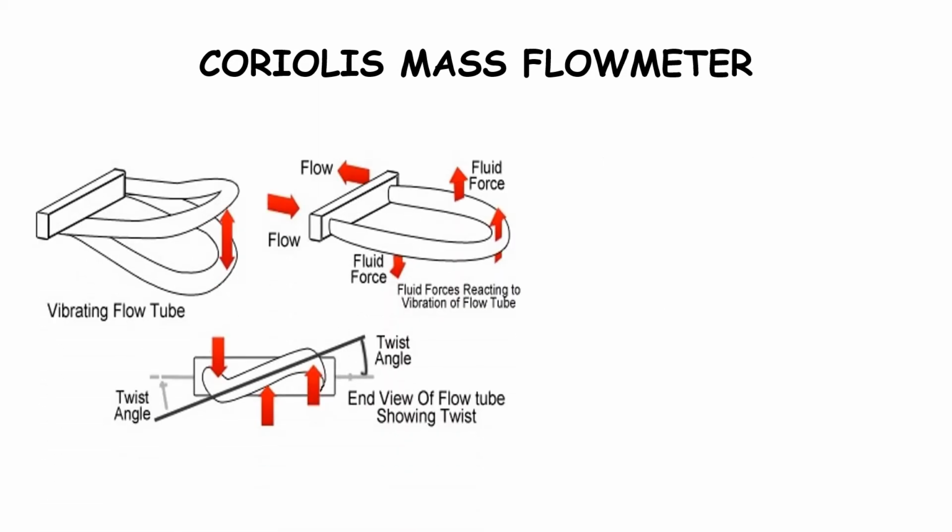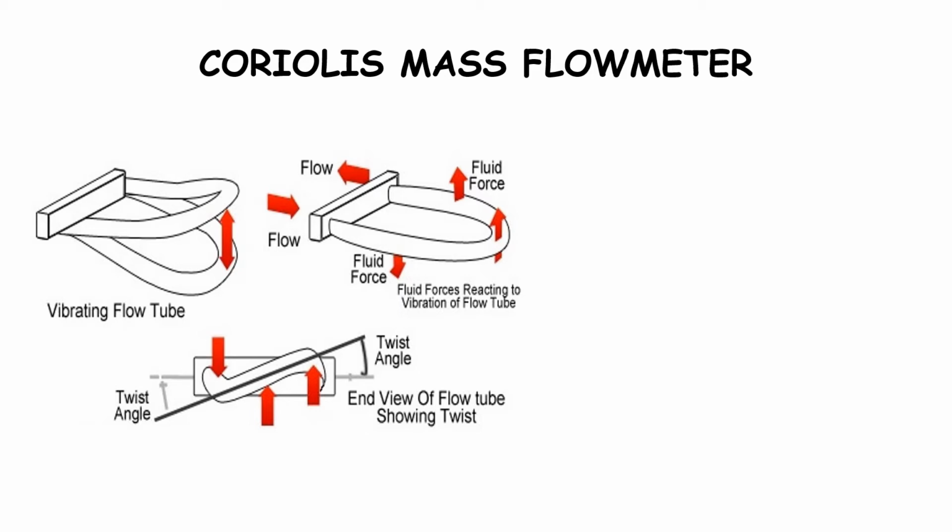So moving on to the working of the Coriolis mass flow meter. In this meter, the liquid passes through a U-shaped tube which vibrates in an angular harmonic oscillation. Coriolis forces will then deform the tube and a further vibration component gets added to the already oscillating tube.